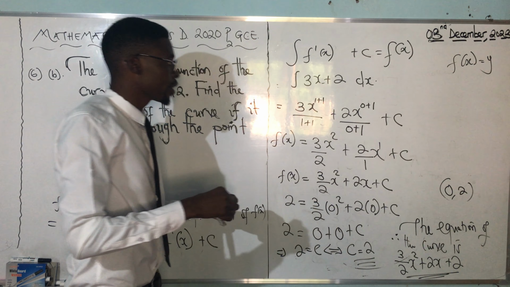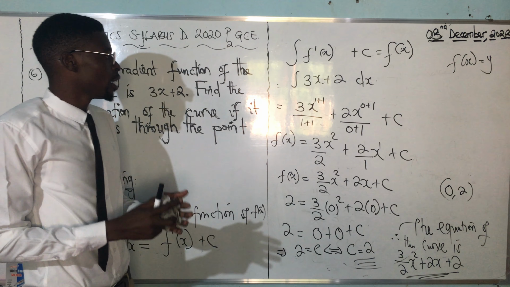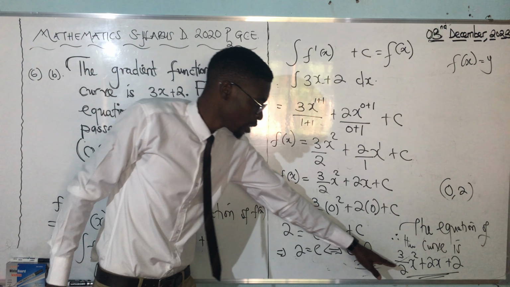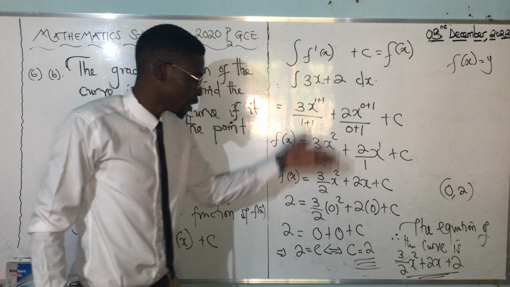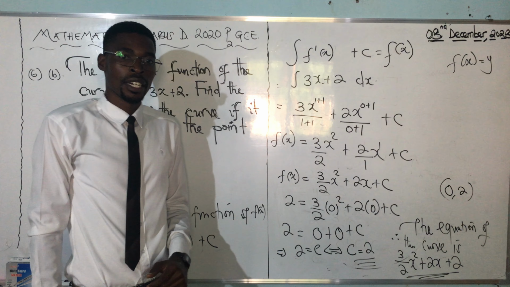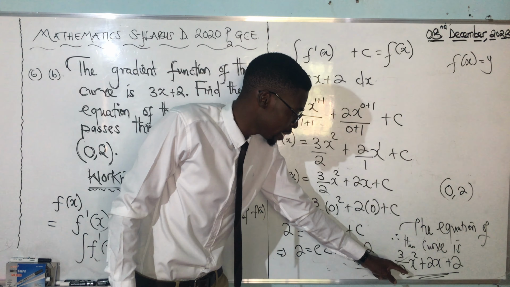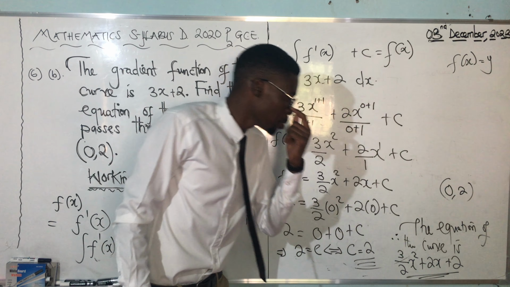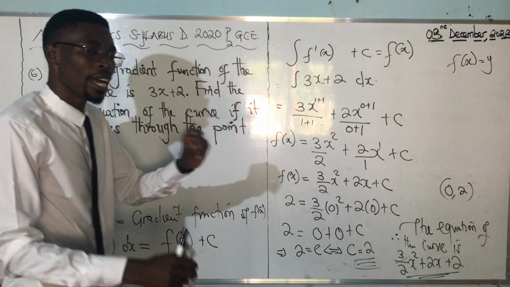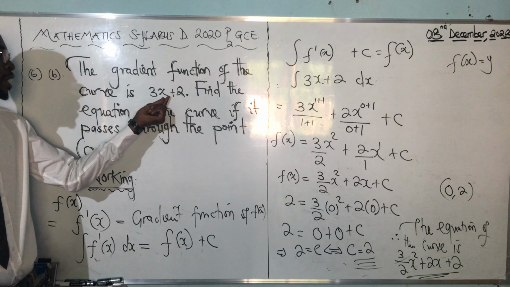So when you are given the gradient function, you can get the equation of the curve by using this process. You can check that when you differentiate 3 over 2 x squared plus 2x plus 2, it will give you exactly 3x plus 2.